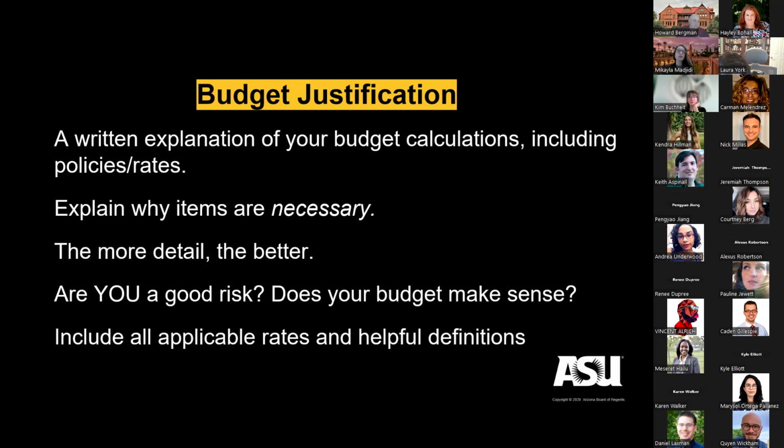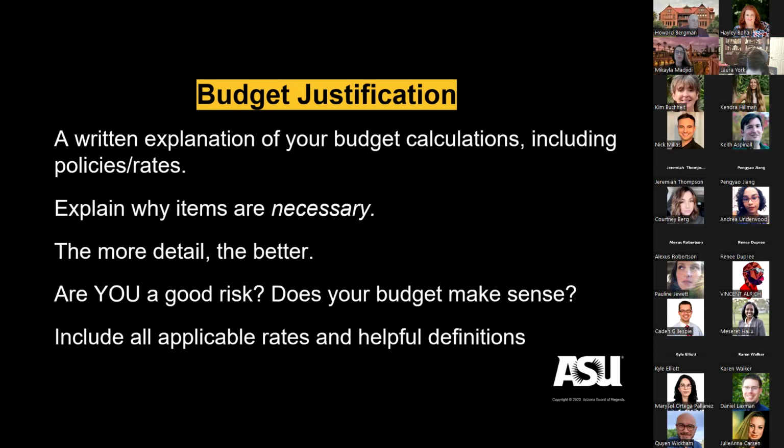It's used to explain to the sponsor and the ASU accountants as well why you need the specific items you're requesting and how you determine those expected costs. You'll explain why items are necessary in relation to the aims and methodology of the project, as well as meeting the goals of the proposal. The more detailed, the better. A detailed budget justification demonstrates a thorough and careful approach to the project.